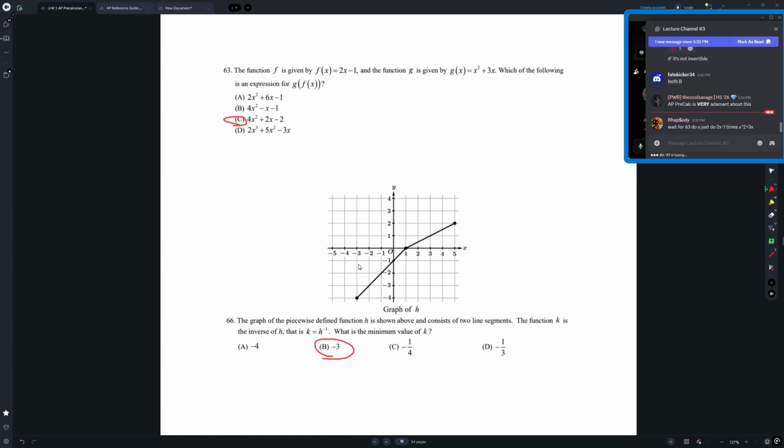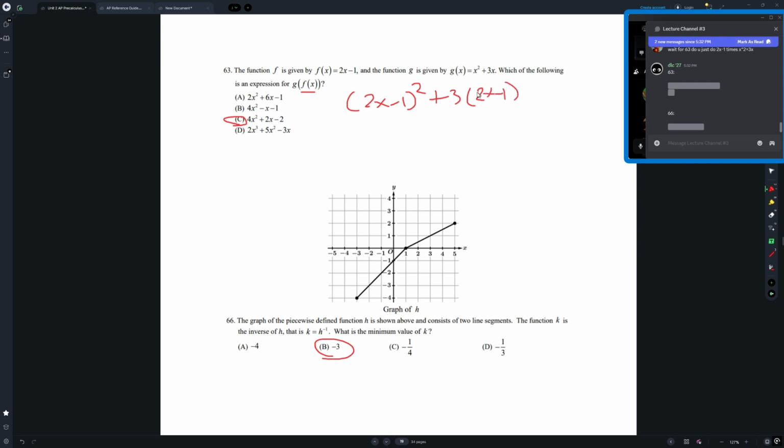For 63, you just do 2, you don't times it. So pretty much what you do is when it says f of x, you plug that in. So now it's going to be 2x minus 1 squared plus 3 times 2x minus 1. Your x gets replaced in both of these.